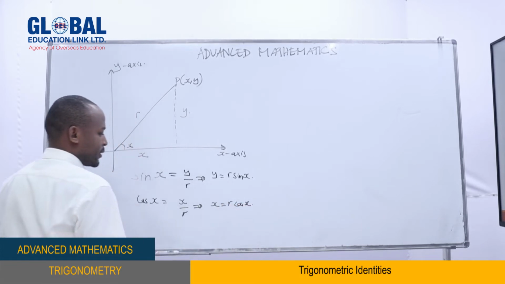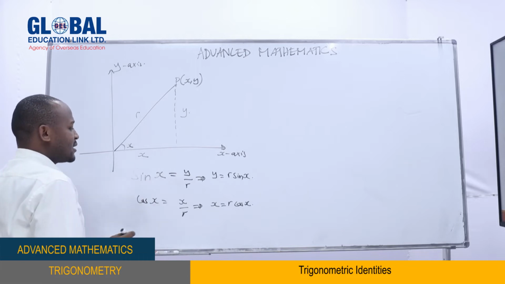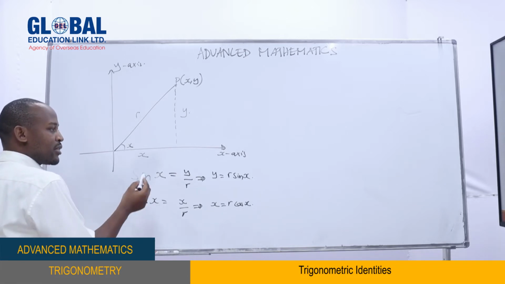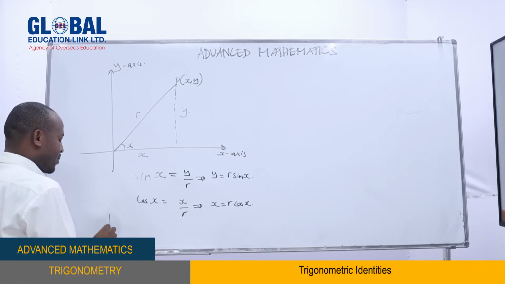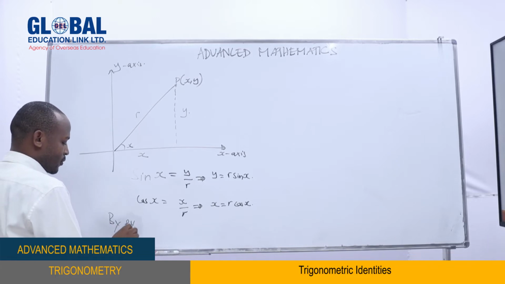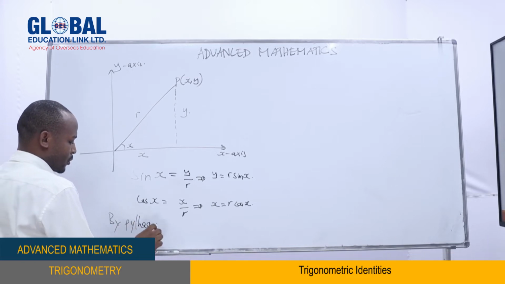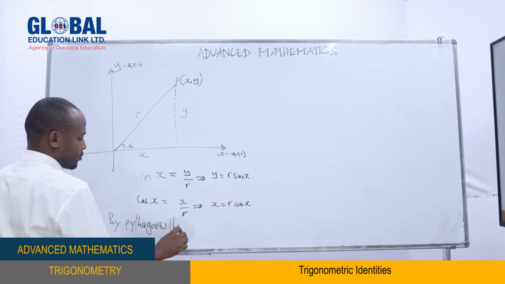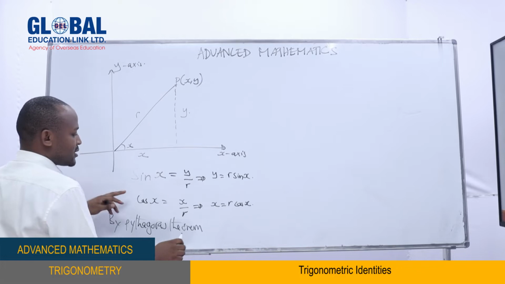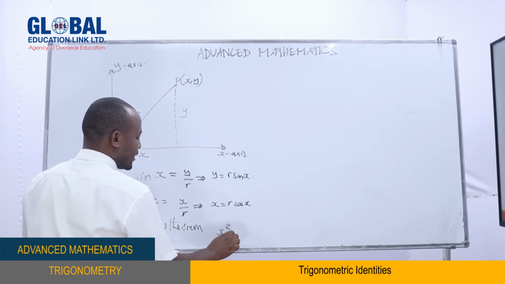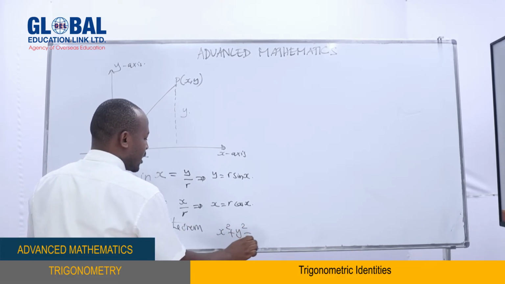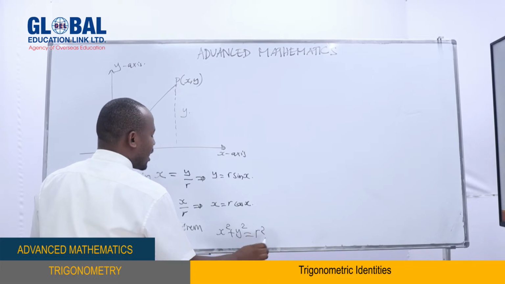Now let's remind ourselves what the Pythagoras theorem says. By Pythagoras theorem, we know that x square plus y square is equal to r square.